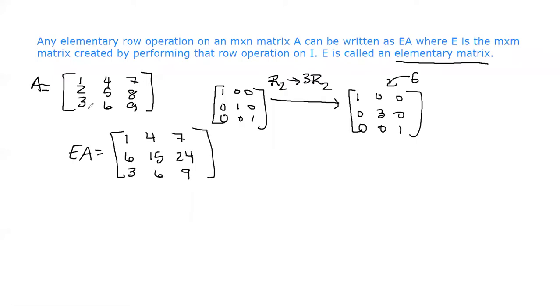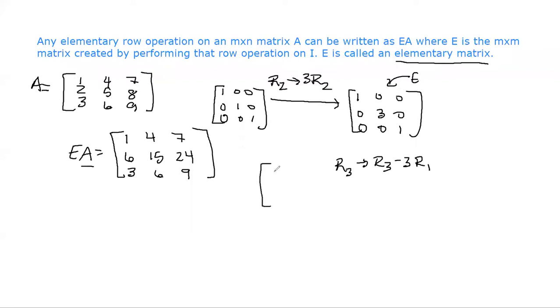So we're reframing our elementary row operation as matrix multiplication, where we're multiplying that matrix A by an elementary matrix. If we want another example, let's say instead we wanted to do row replacement. So let's say we wanted to take row 3 of A and replace it with row 3 minus 3 copies of row 1.